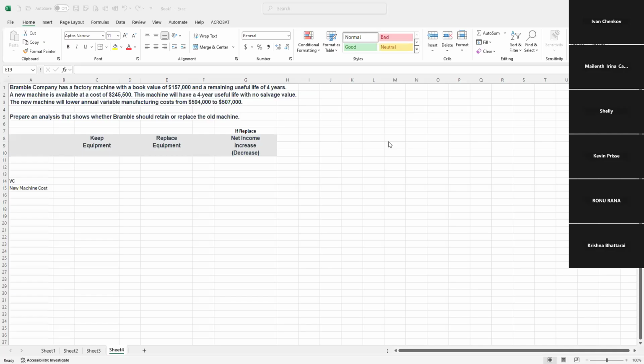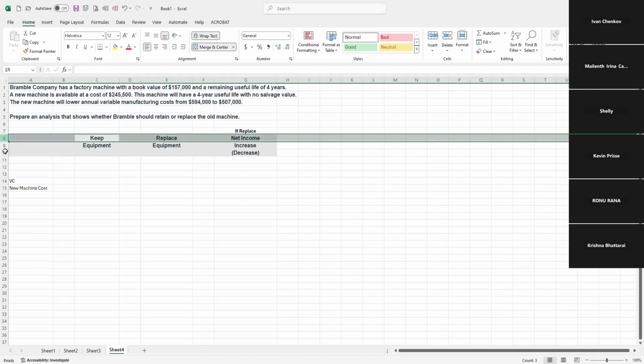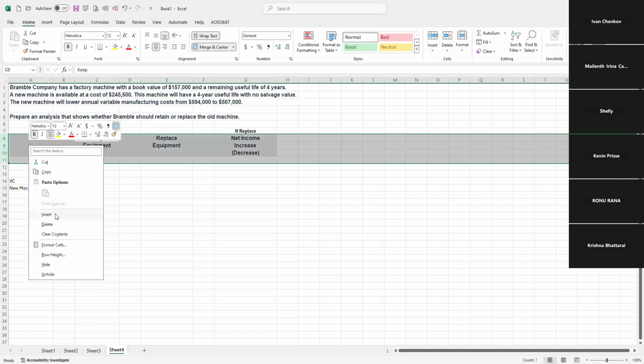I'm going to stop this sharing. The question is, this company has a factory machine with a book value of $157,000. So here the information is, split this a little bit down.